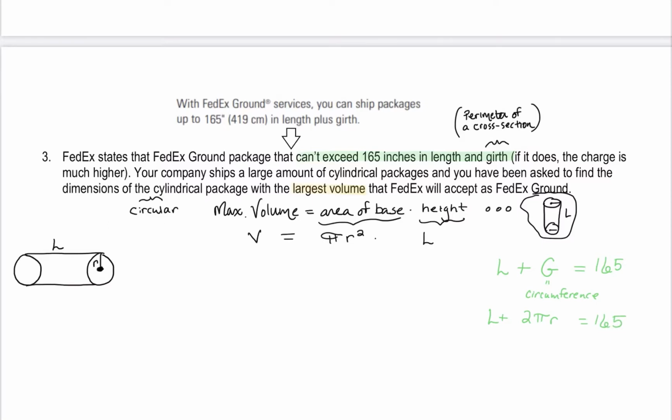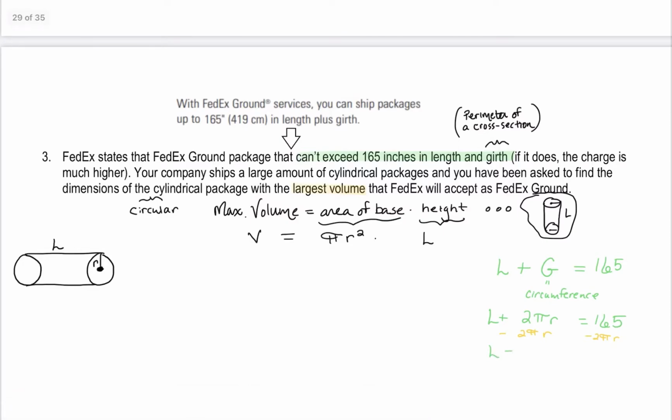All right, so now we want to look and decide, does it make a difference? Is it easier to solve for L? Is it easier solved for R? And I think in this case, hopefully we can all kind of agree looking at this, that it's much easier in this case to just solve for L. If I solve for R, I'd end up having to divide by 2 pi and create unnecessary fractions.